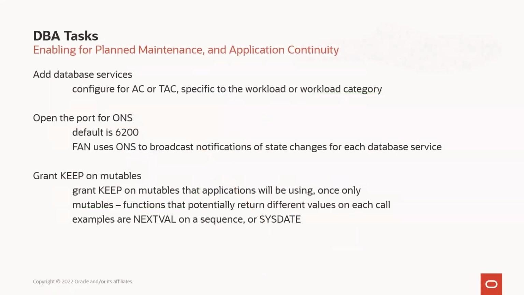Okay. Now, because we're talking, I'm assuming most of you out there are application people or application developers or owners who are deploying these applications. We're not going to dwell too much on the DBA tasks. Just say that they have to get done first, and you probably want to do them in conjunction, in consultation with you. Okay, have them done to your specifications. The DBA themselves must add the database services or enable the database services specifically for you based on your workload.